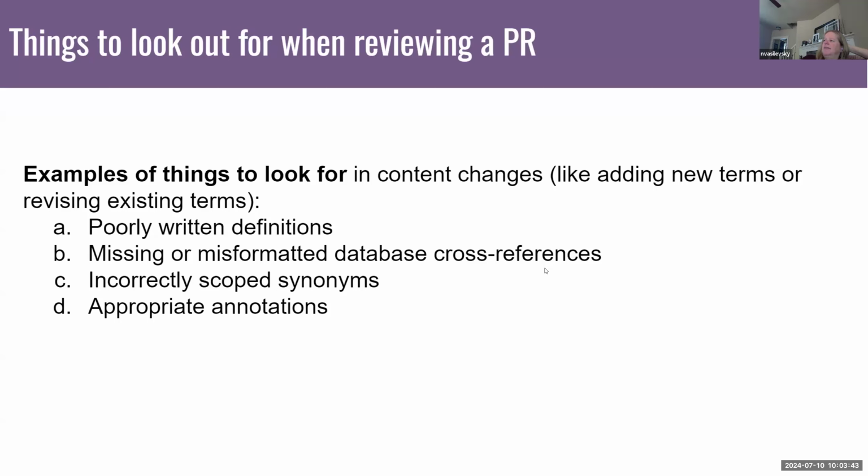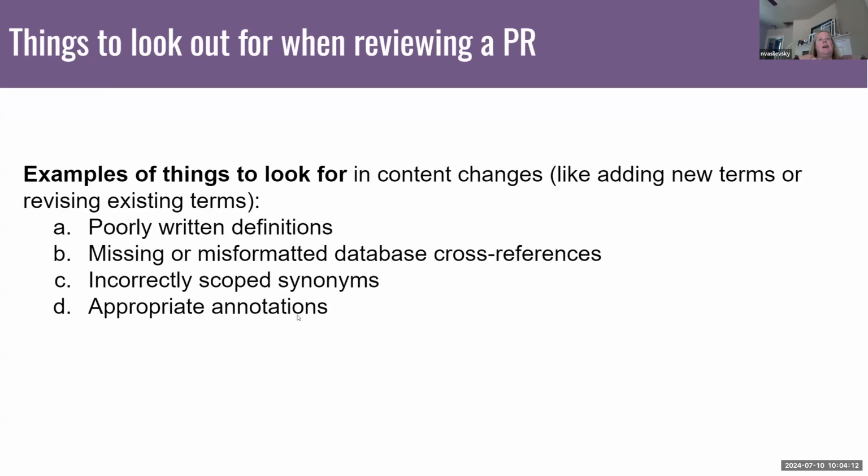In Mondo, we have a lot of checks for misformatted DBXREFs, but maybe not every ontology has that. And certainly in Mondo, you can get through with a missing DBXREF. I think Uberon, for example, won't let you add a new term definition without a DBXREF, but every ontology has different QC checks, so sometimes things can get through. Incorrect scope synonyms, so whether it should be exact or related, broad or narrow, or inappropriate annotations.